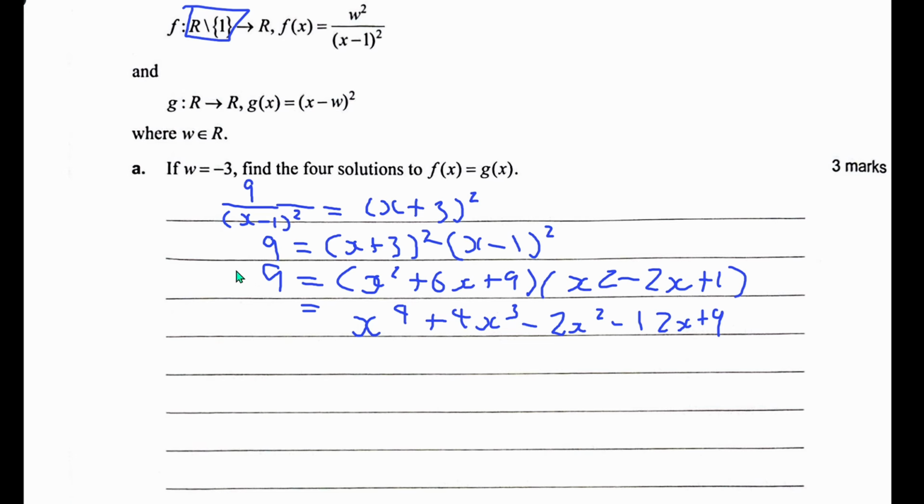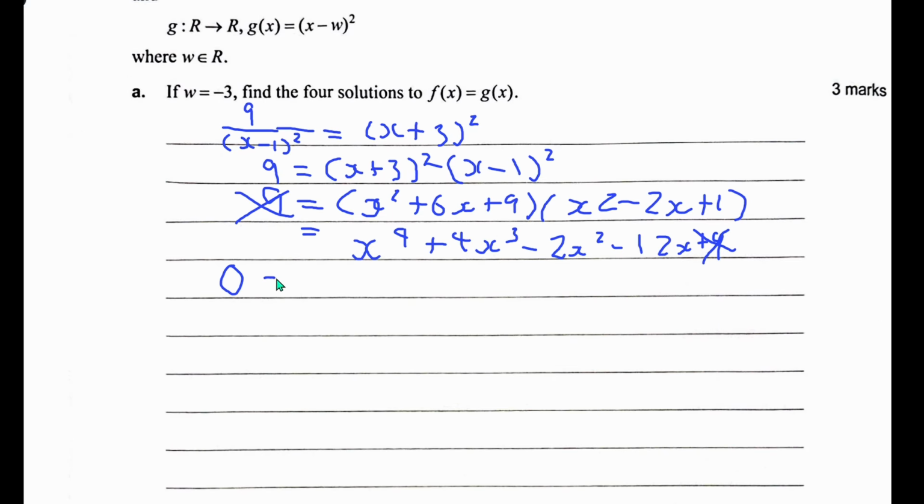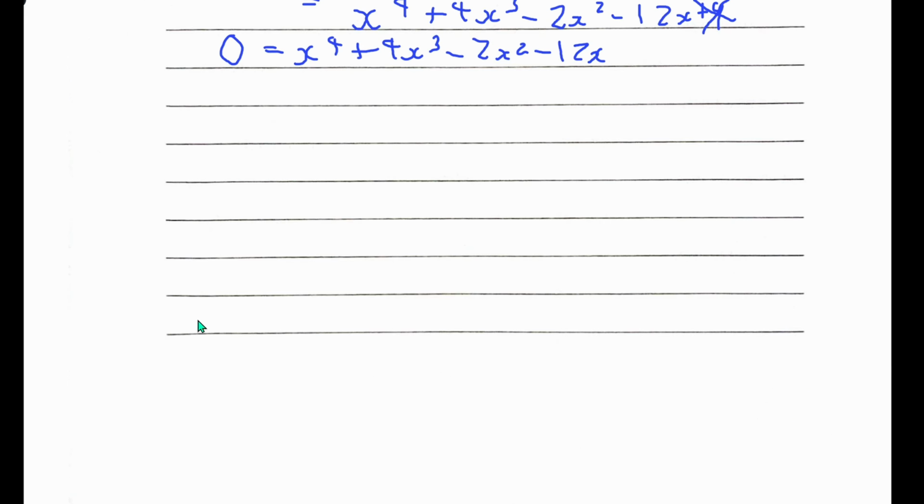And we can cancel out that 9 from both sides. And then we get a nice 0 equals x to the power of 4 plus 4x cubed minus 2x squared minus 12x. And then also factor out that x, which means one of the solutions is x equals 0.